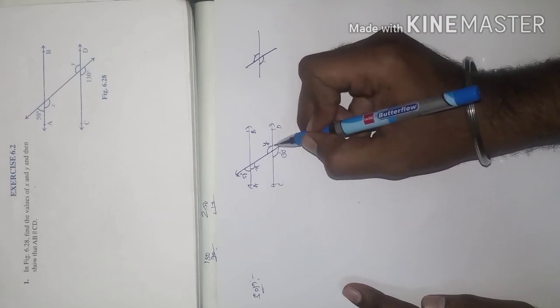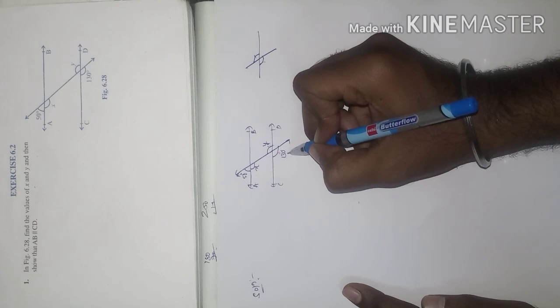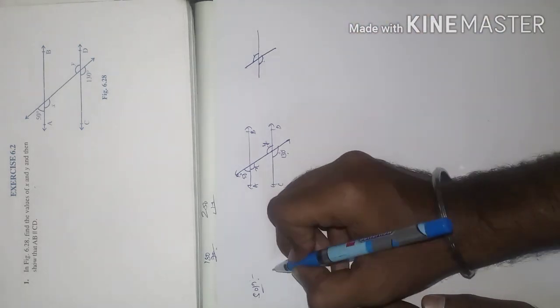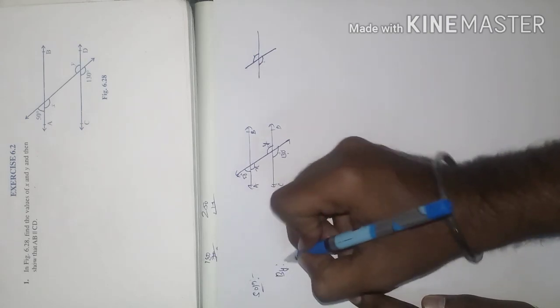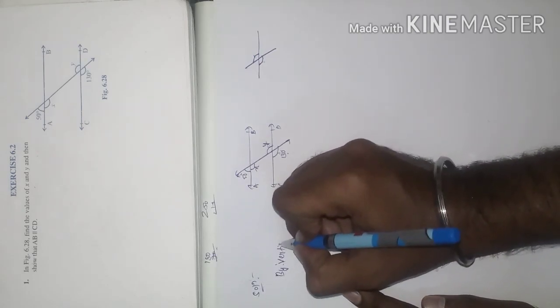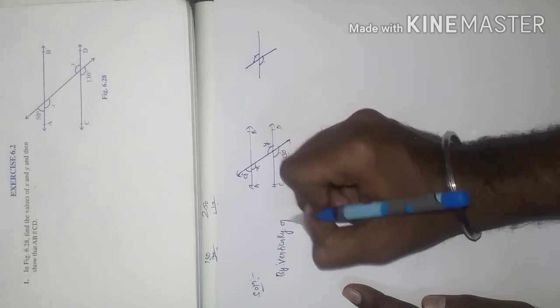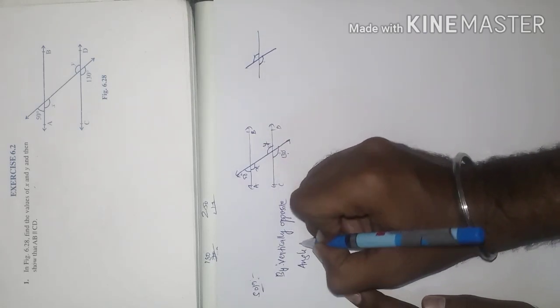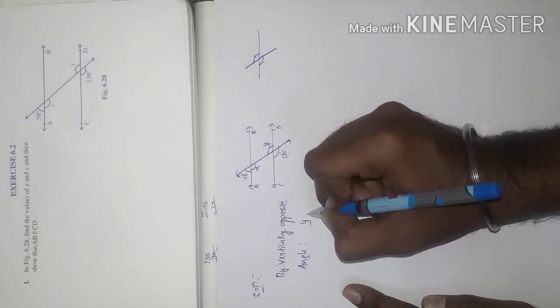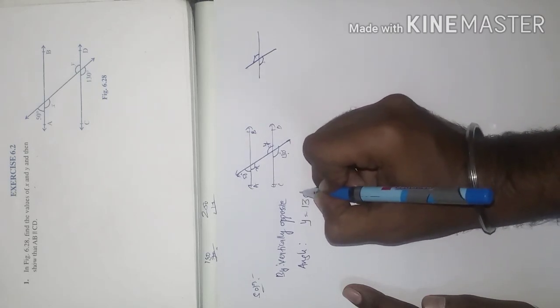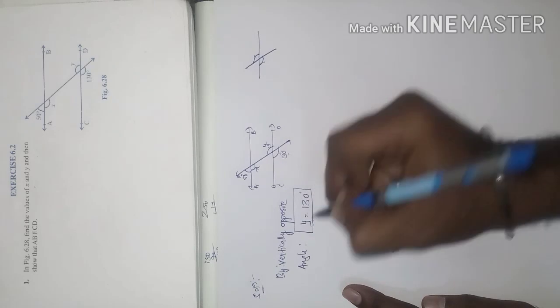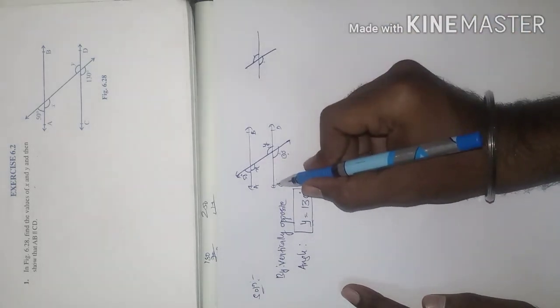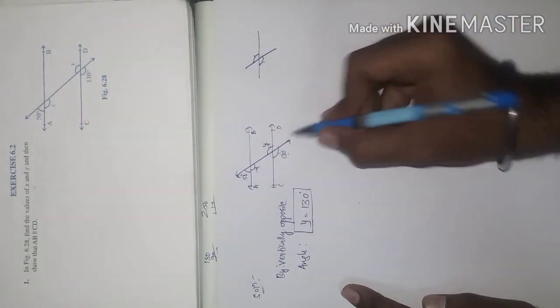So by vertically opposite angles, we can say that angle y is equal to 130 degrees. Directly we can write it because CD is intersected by a transversal line.